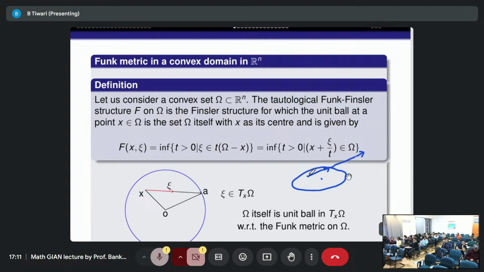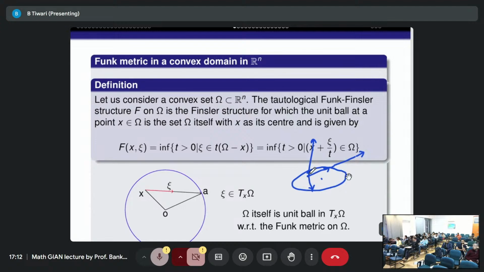So to measure the length of any vector, you just see how much it may be k times. If this unit vector is this vector, then its length is k. You can use the positive homogeneity. But the length of this vector is 1 here, and it may not equal the length of the opposite vector, which is also 1. So it may not be symmetric.